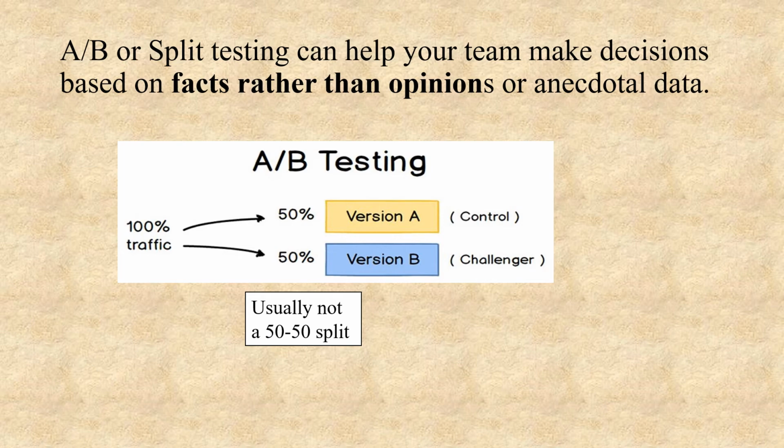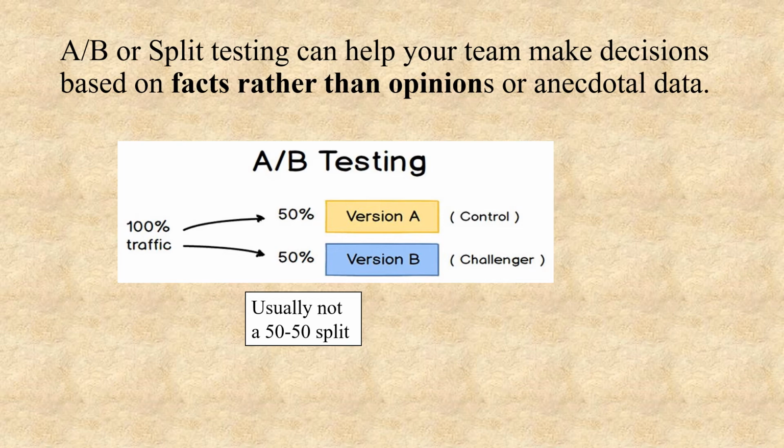So here's a typical picture of an A/B test. All right, what you do is you have 100% of your traffic or 100% of your audience, and you split it into two groups. It's usually, they say here, a 50-50 split, but that's not usually what happens. If you have a successful control offer, you typically put most of your efforts into your current best method, and you put somewhat less into testing.